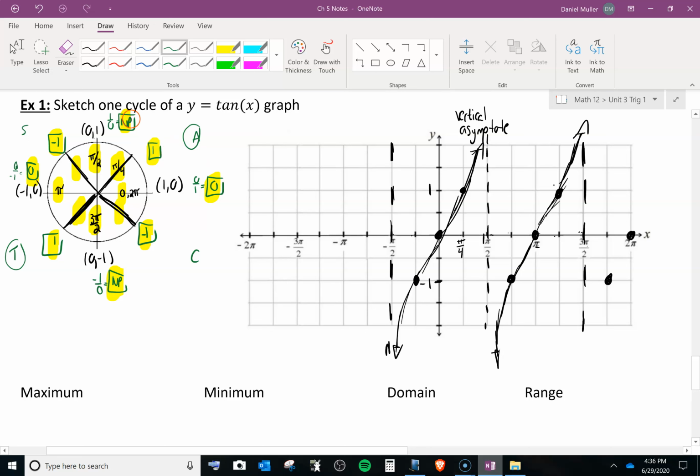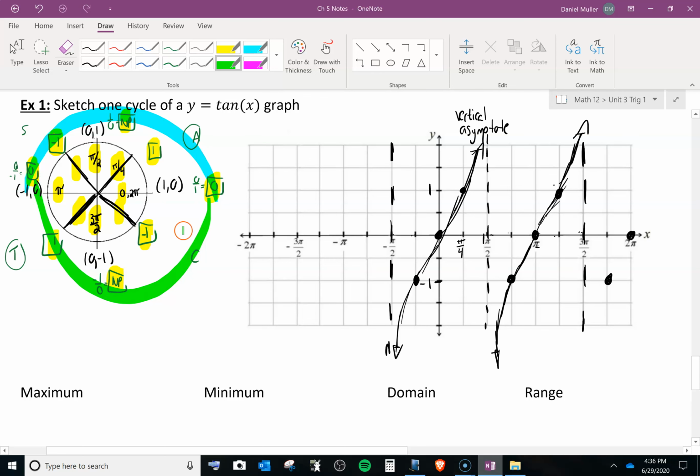So 0, 1, not possible, negative 1, 0. And now it starts to repeat itself. After this 0, it went 1, not possible. After this 0, 1, not possible. So it does this, and then it repeats itself to here.